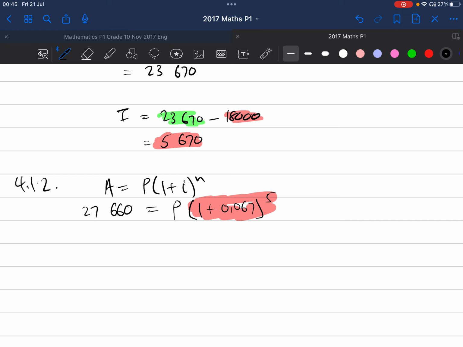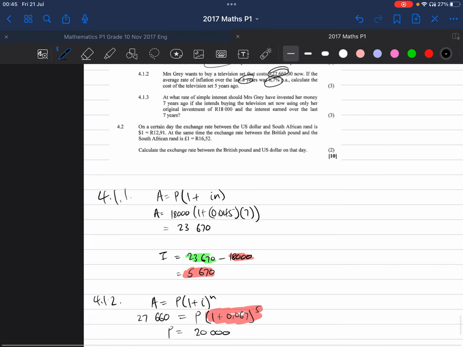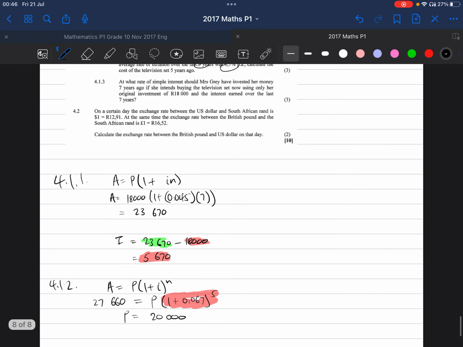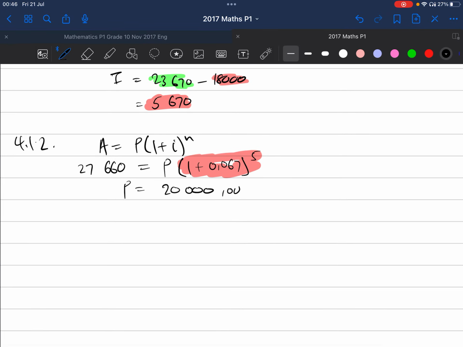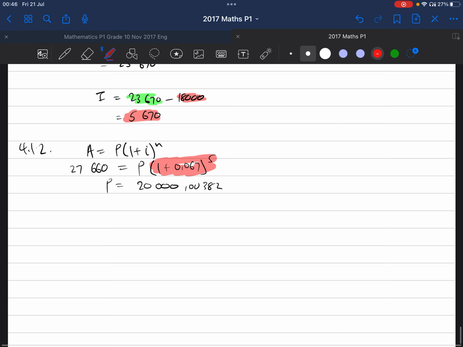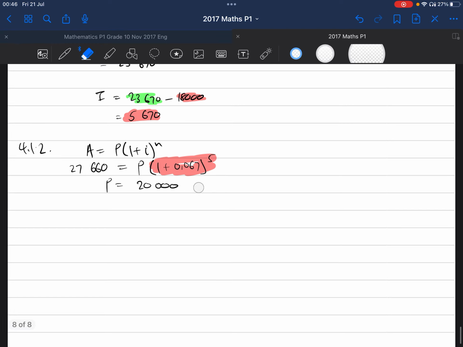Now I'm going to take 27,660 and divide it by that answer, and then you'll see that P is equal to 20,000 rands. You can just put it as 20,000, and that is the correct answer.